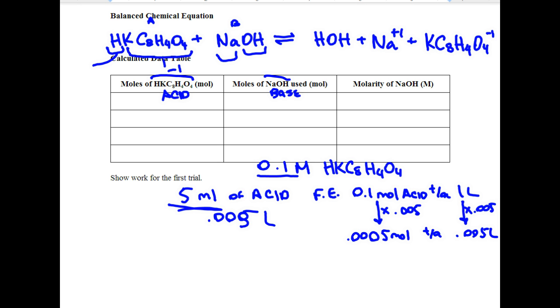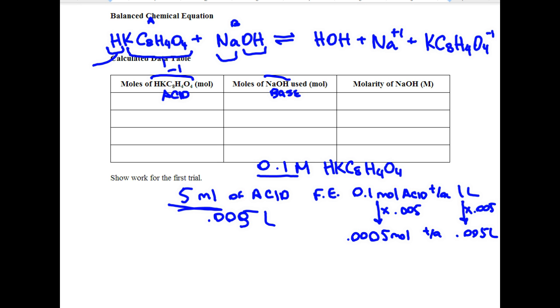So now we have to think of something else. How do we figure out the moles of NaOH used? Well, we can see that when we poured 5 milliliters, the color of the water changed from purple to clear. What that means is that at that point, the number of moles of the acid and the number of moles of the base were equal to one another.